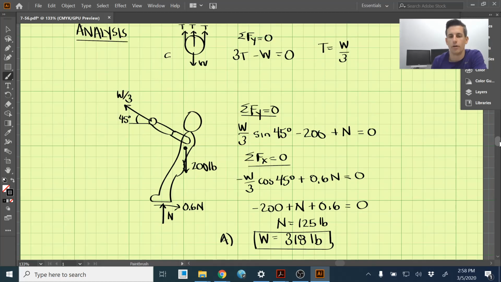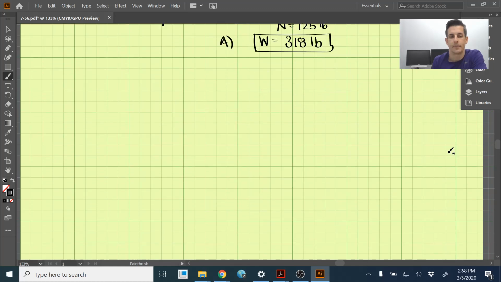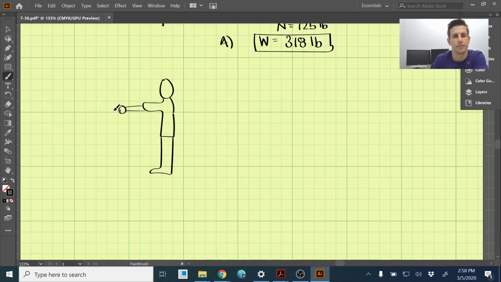And now we'll move on to part B, and we'll draw the free body diagram of the person again. This time the person is pulling directly horizontal. The tension is still the same.